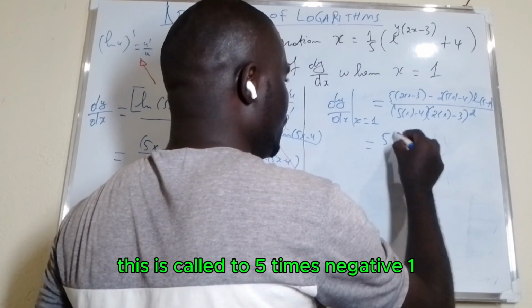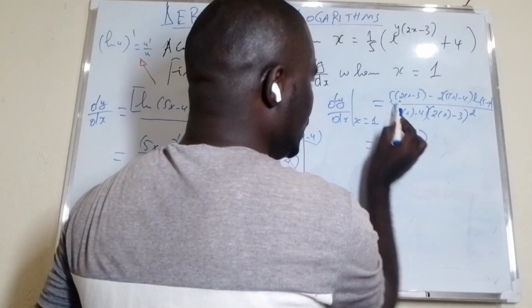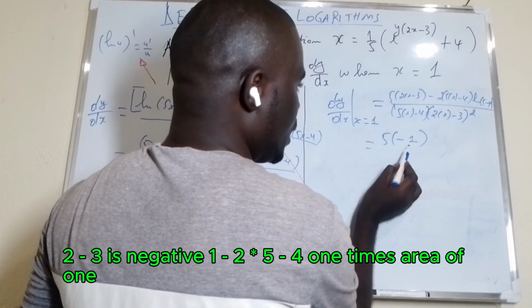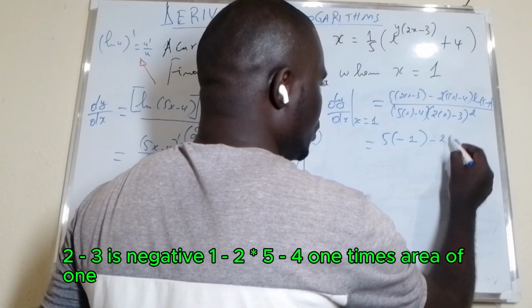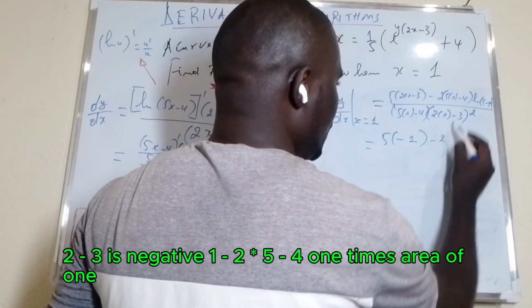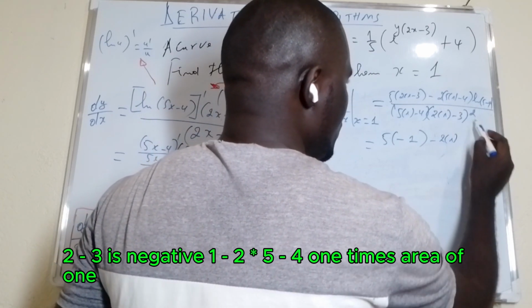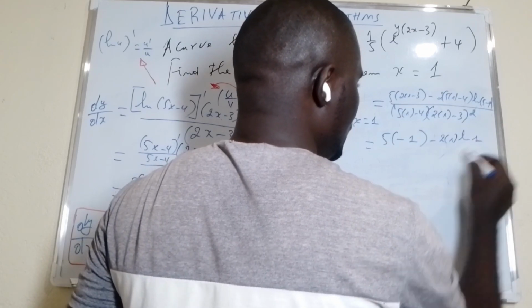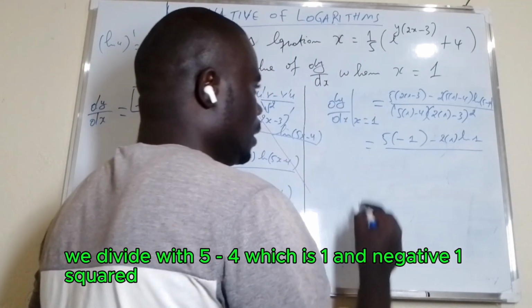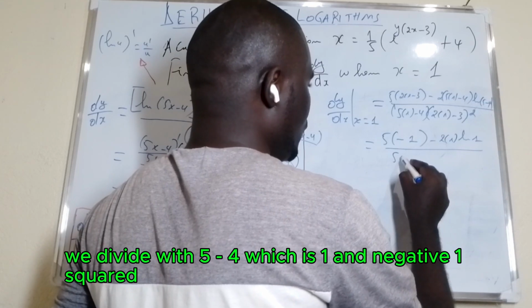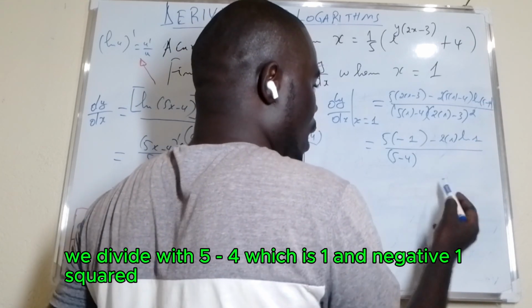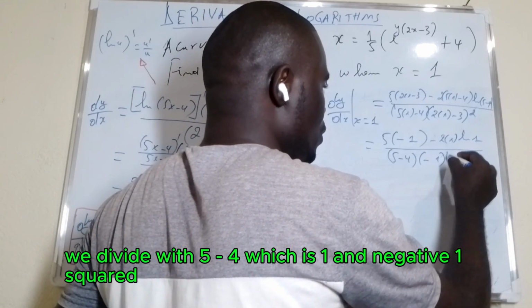This is equal to 5 times negative 1, since 2 - 3 is negative 1, minus 2 times (5 - 4), which is 1, times ln of 1, we divide with 5 - 4, which is 1, then (-1) squared.